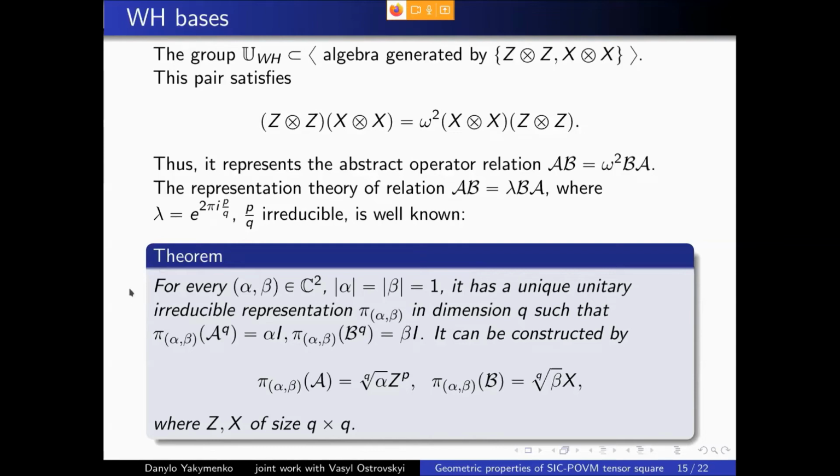I prefer this formulation, and it says that for any two complex numbers there is a unique unitary representation in dimension Q such that we have this equation.